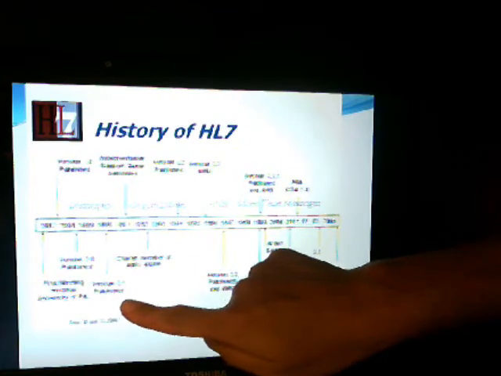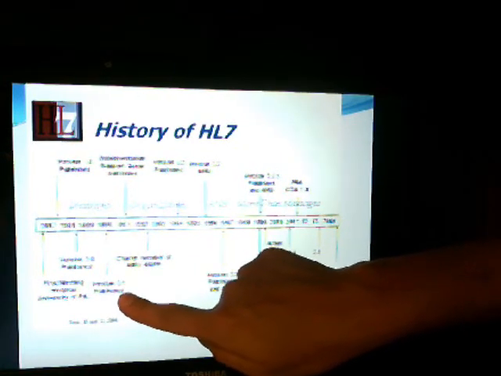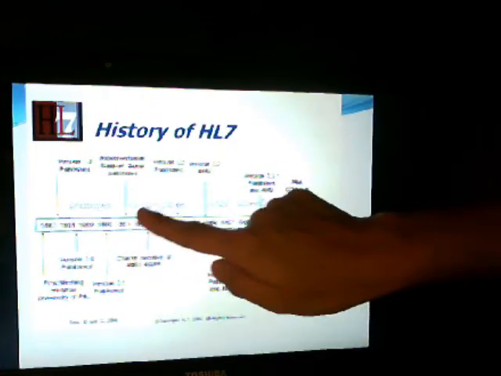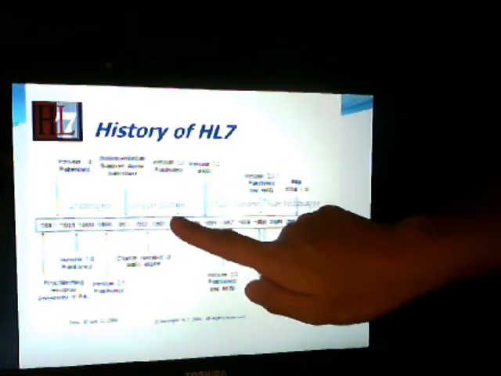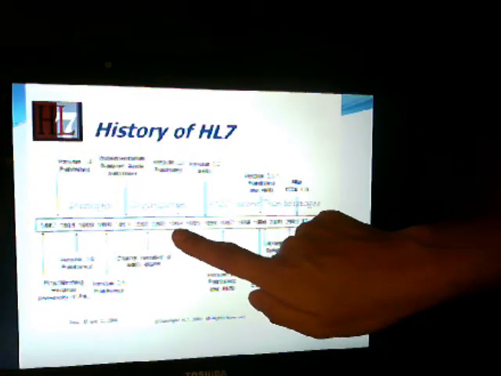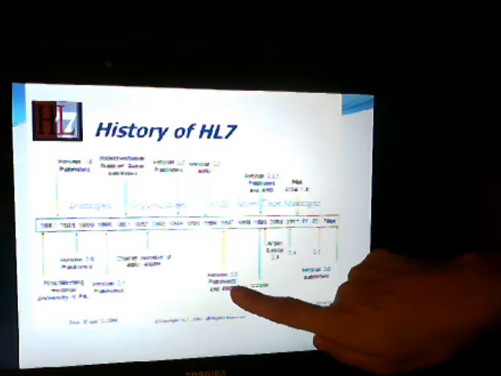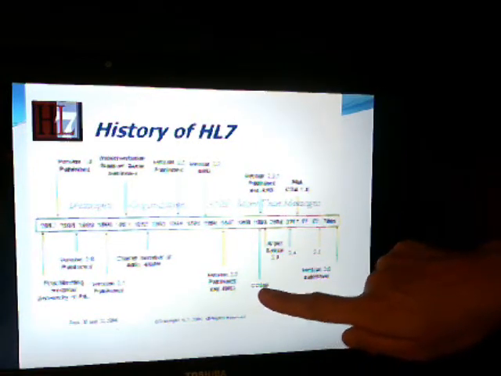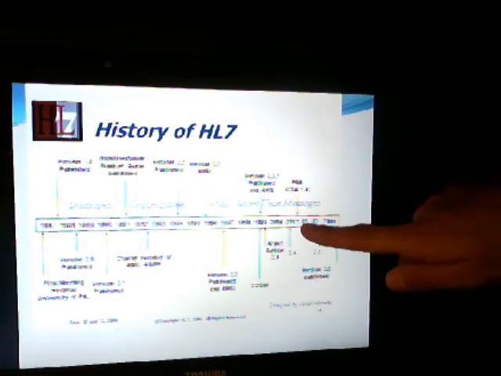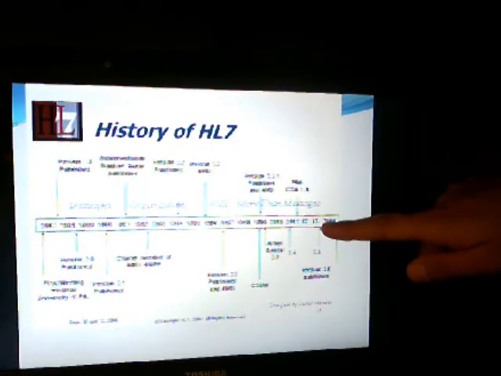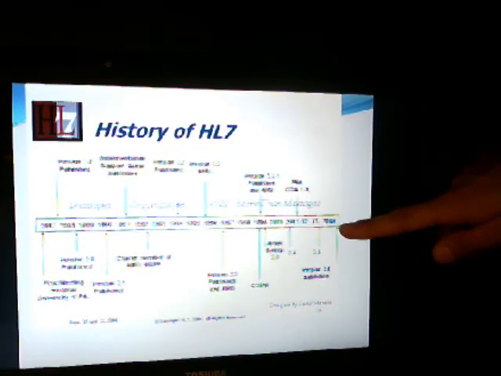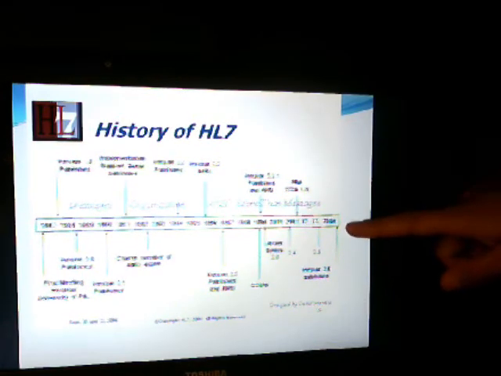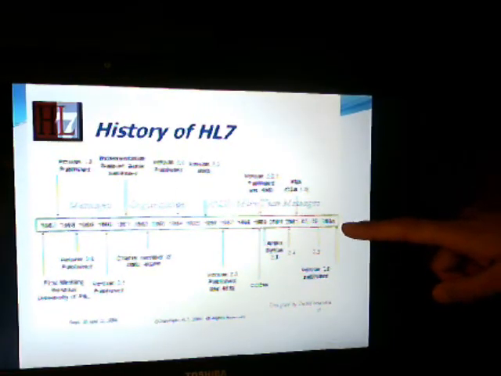Then version 2.1 was published in 1990. Version 2.2 was published in 1994, 2.3 in 1997, 2.4 in 2001, 2.5 in 2003, and the third version, the latest one, was published in 2004.